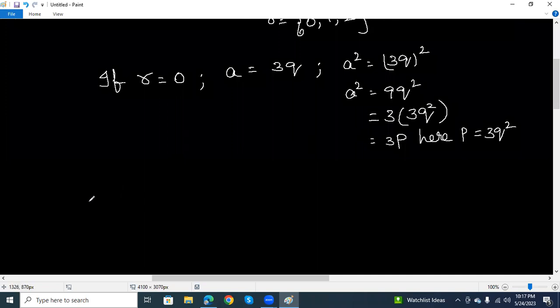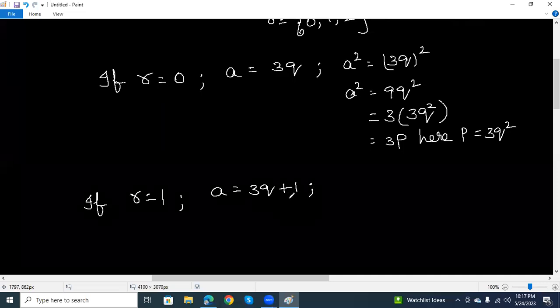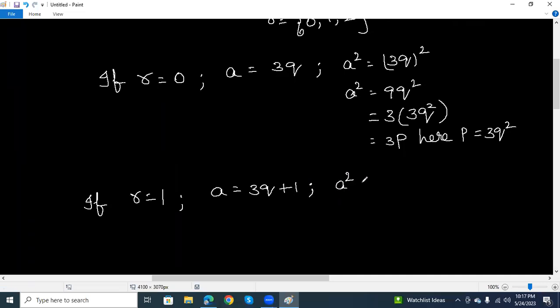Now, if r is equal to 1, a is equal to 3q plus 1. Remainder is 1, but they said square, so squaring on both sides, 3q plus 1 whole square. This is like the a plus b whole square form.